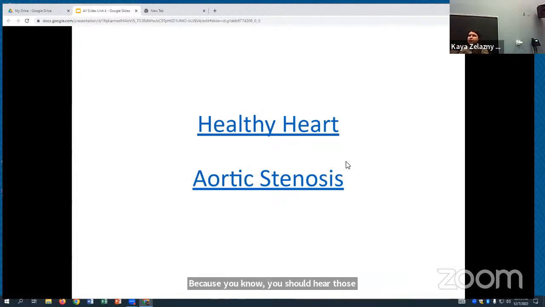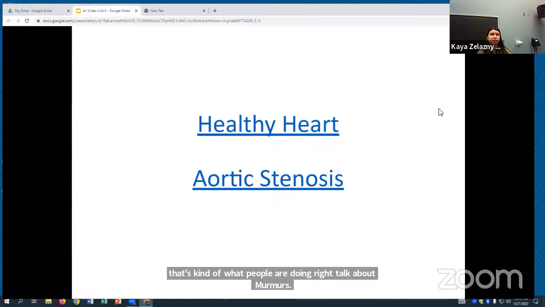If you hear sloshing, you know that blood is experiencing turbulence when it shouldn't be, and that can help you diagnose different conditions. That's what people are doing when they talk about murmurs or when they listen to your heart: they're listening for these sounds.